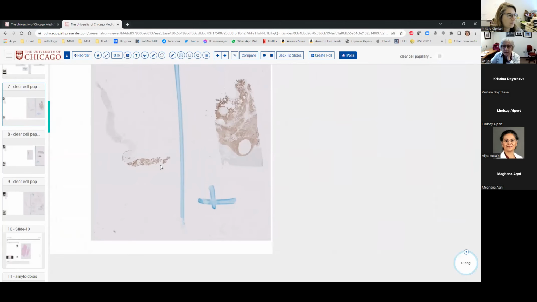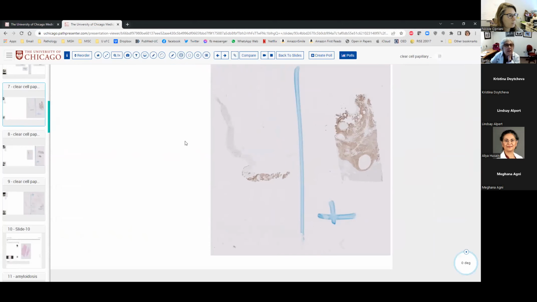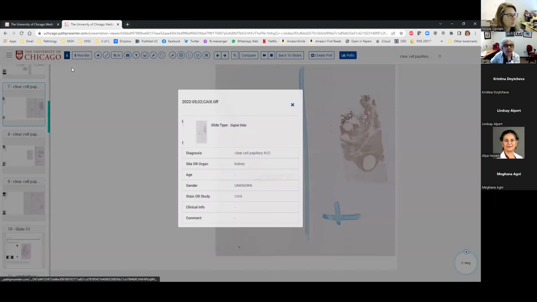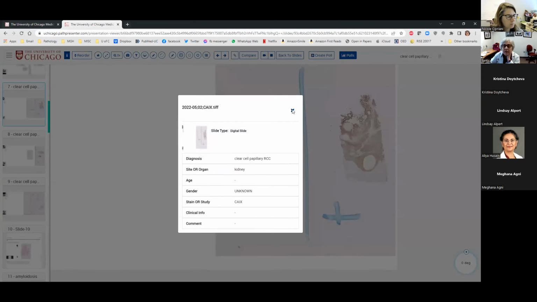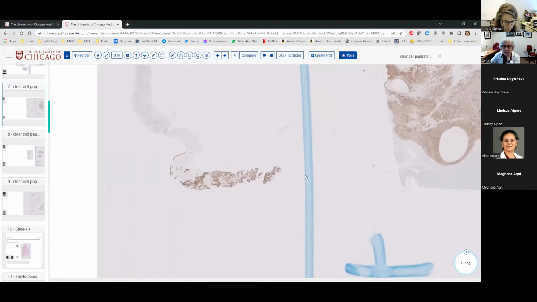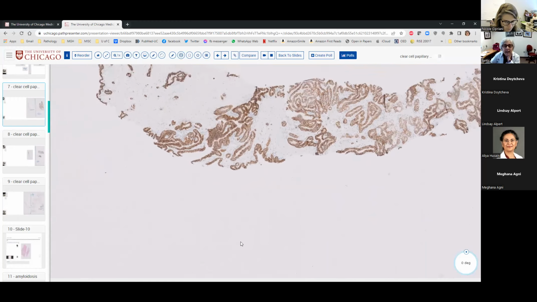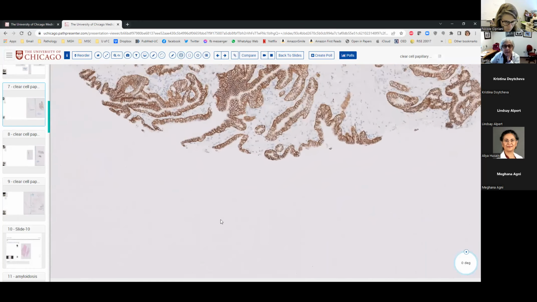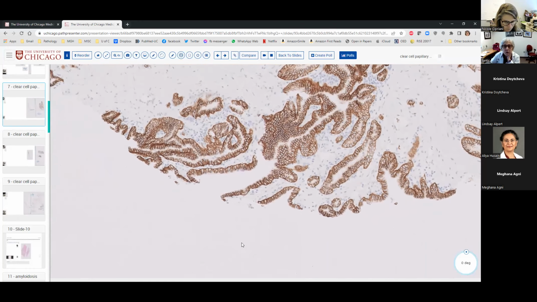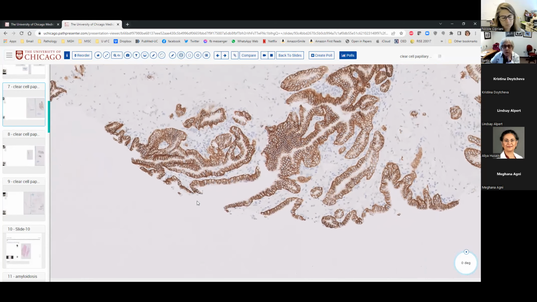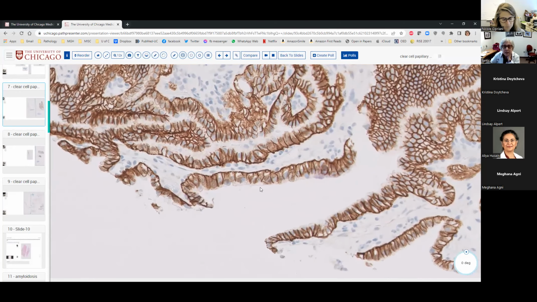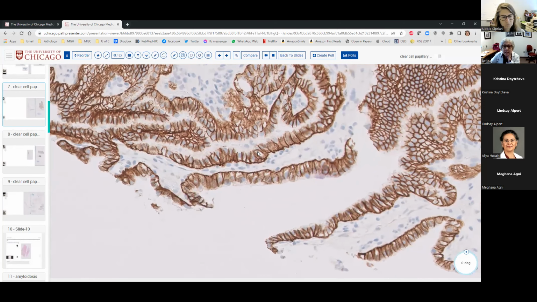And the next stain, let me see, again, okay. The next stain should actually clinch the diagnosis because this is a CA9. CA9 is the stain that should be diffusely positive in clear cell papillary, and it's also diffusely positive in a specific manner. In here you can see that it's a cup-shaped stain.